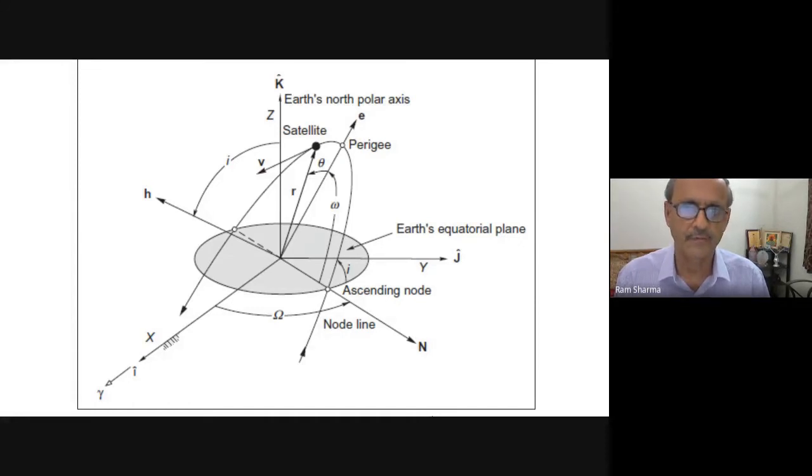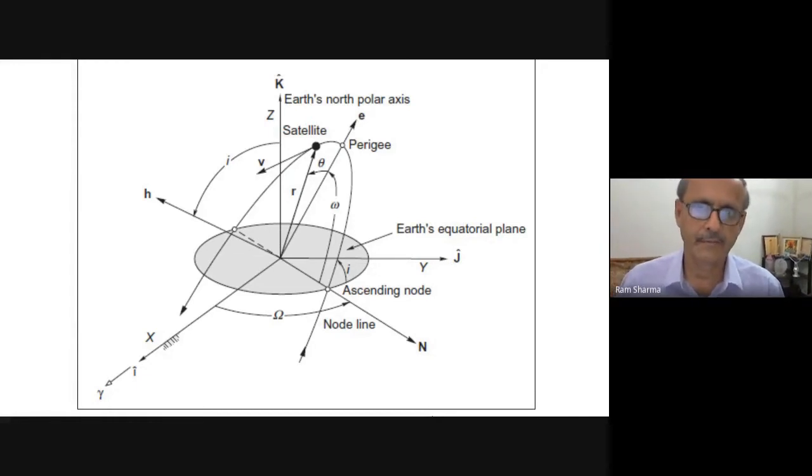Only the true anomaly will change. So that is the advantage we have in working with the orbital elements. That's why we teach our students the conversion from the radial vector and the velocity vector to the orbital elements.